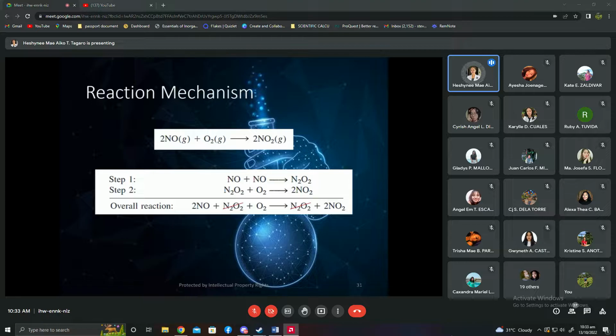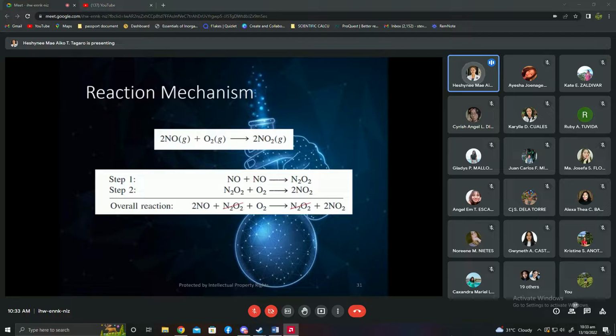So in the first elementary step, two nitric oxide molecules collide to form dinitrogen dioxide. This event is followed by the reaction between N2O2 and an oxygen molecule to give two molecules of nitrogen dioxide.